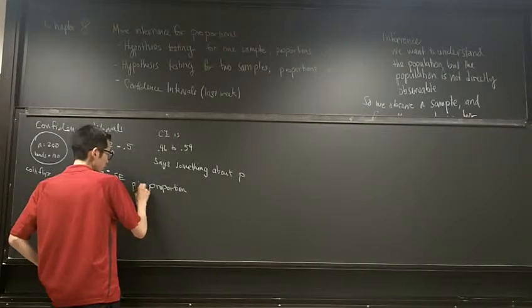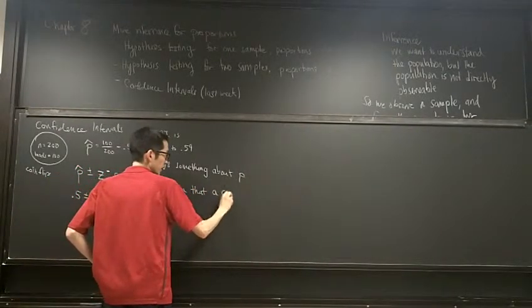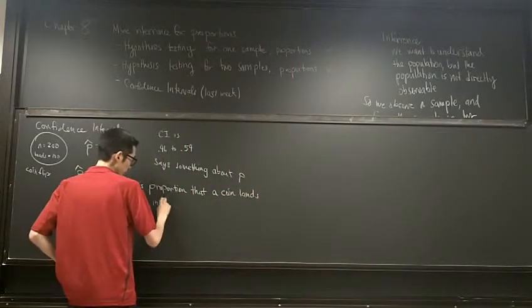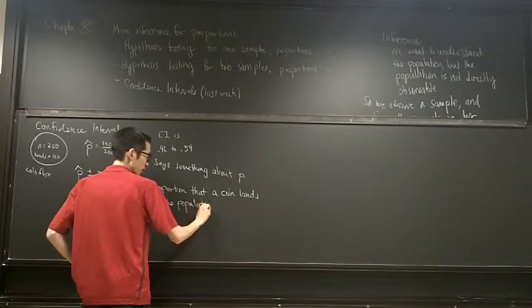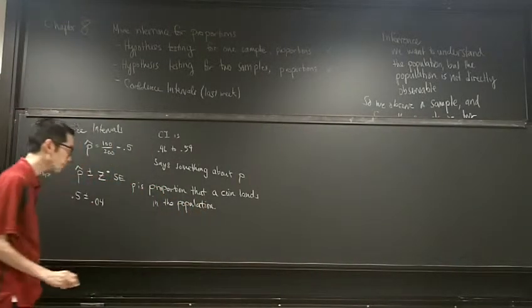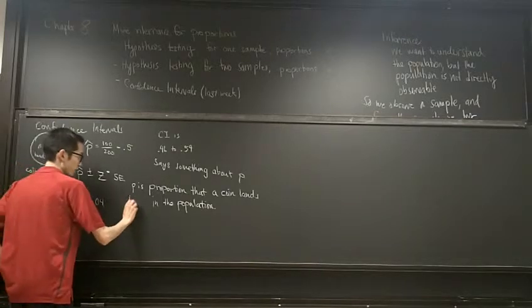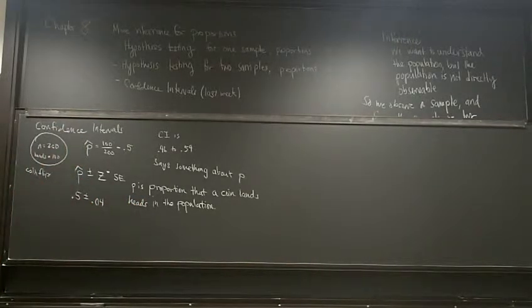Or I'll say P is the proportion that a coin lands heads in the population. It is not the number of heads, it's the proportion. Other people were saying things that were not quite correct.